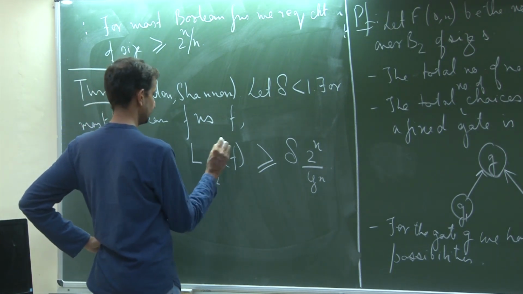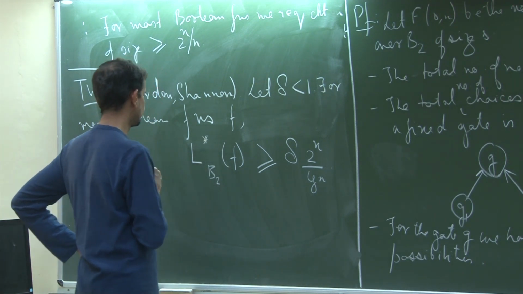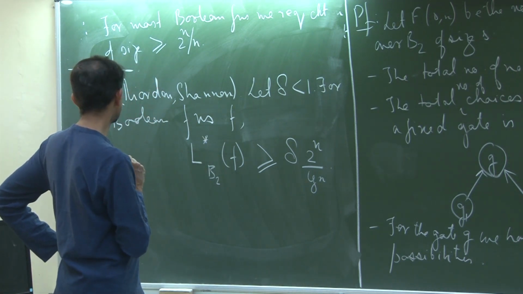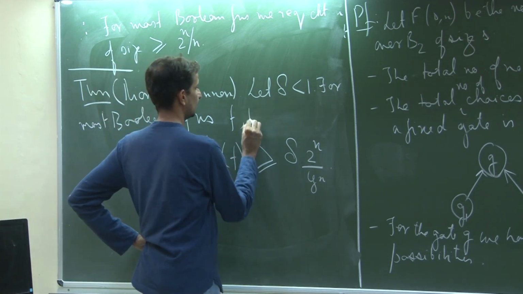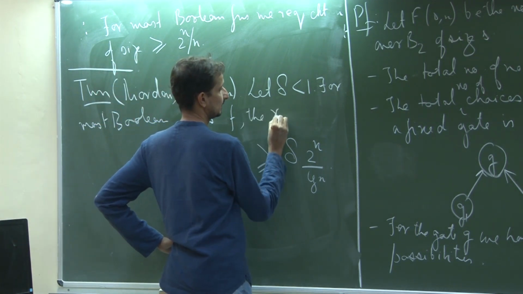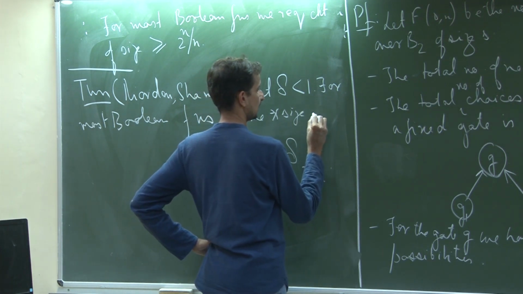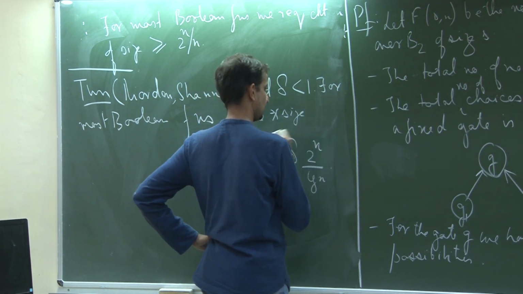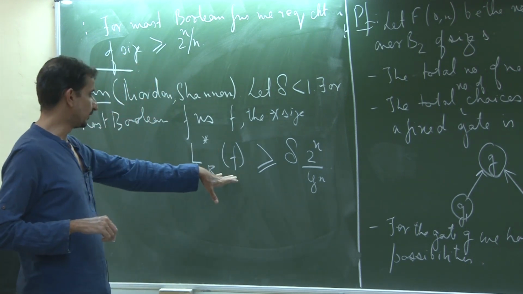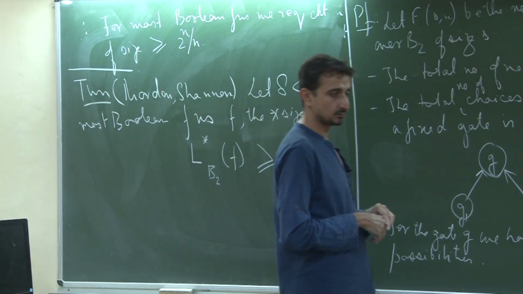I will refer to this as L star. For most Boolean functions f, the star size L star B2 of f is at least this quantity.